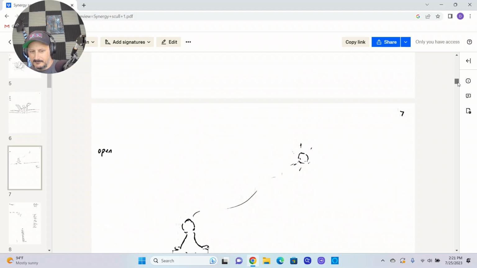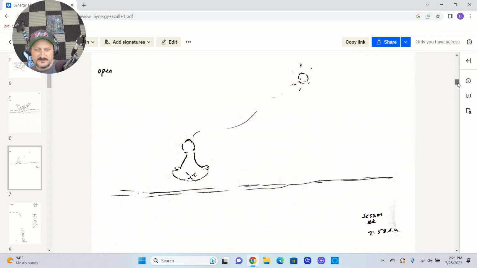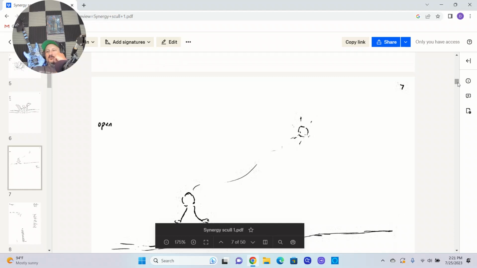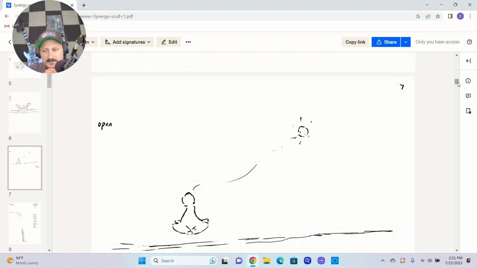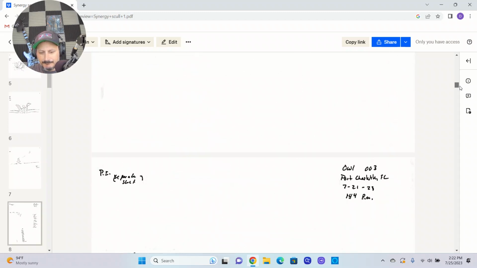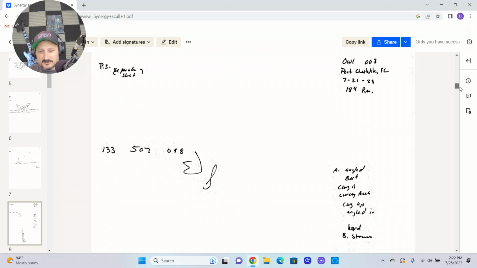This came up quite a few times as far as sketching goes. I would have this person meditating, and I would have this object in the distance, and I had this correlation between this person meditating and this object. So it was just a short little session.